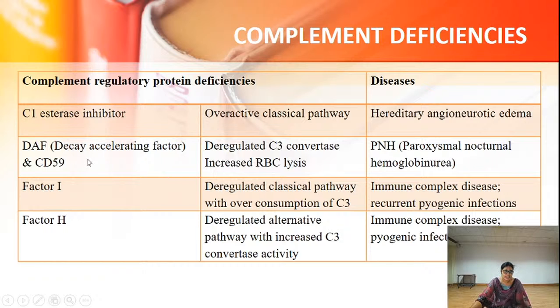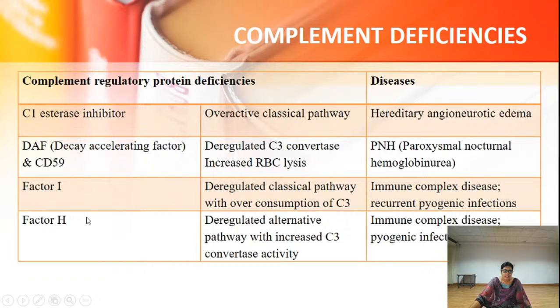And decay accelerating factor, or CD59, as I said, is regulating the MAC complex. So if the MAC complex is deregulated, what happens? There is increased lysis of all the cells, even our own RBCs will be lysed, leading to hemoglobinuria, paroxysmal nocturnal hemoglobinuria, because the MAC complex is overactive here due to the loss of regulation of the MAC by decay accelerating factor.